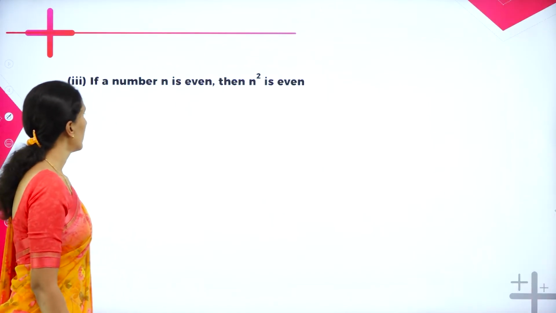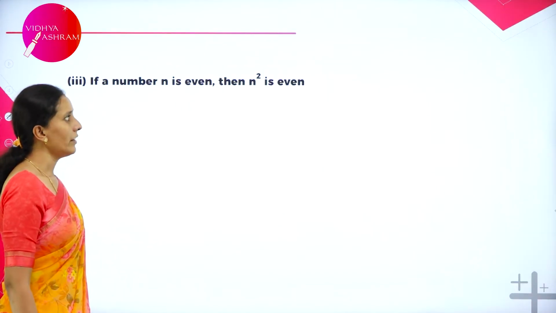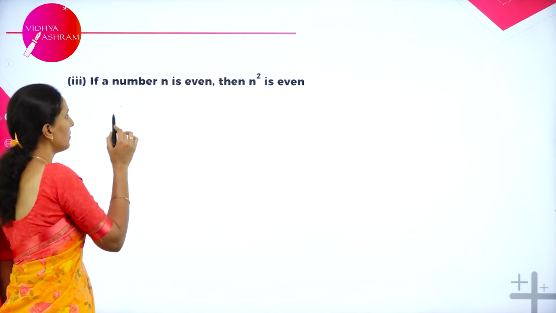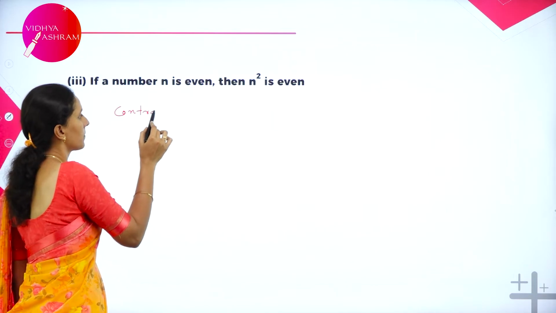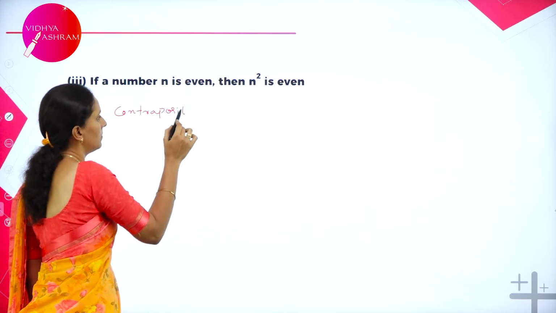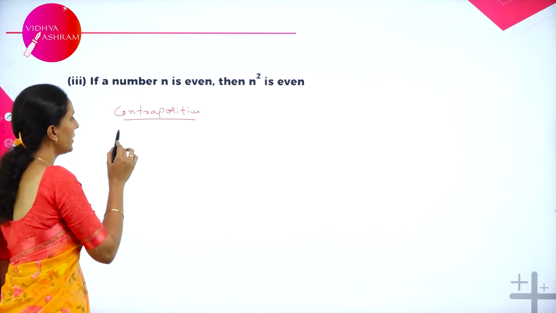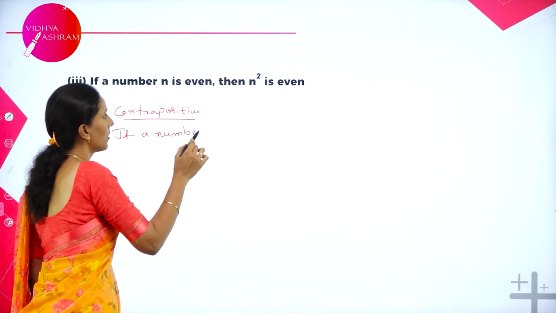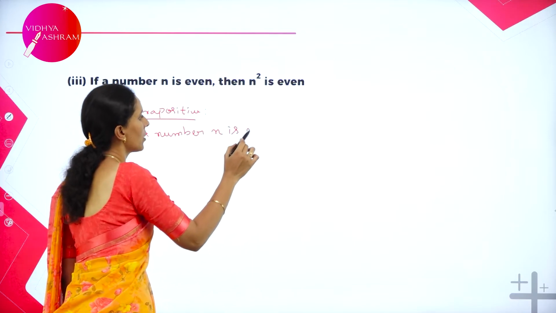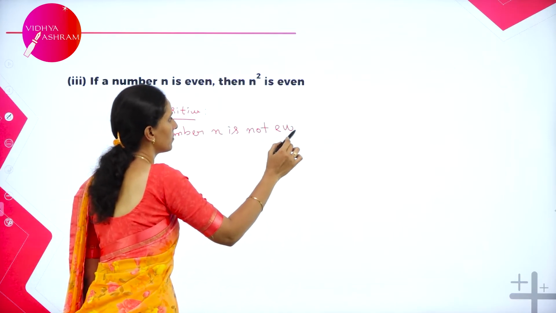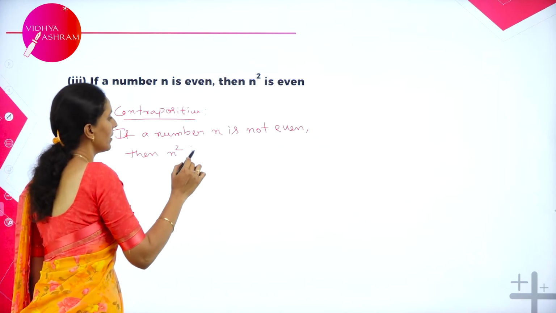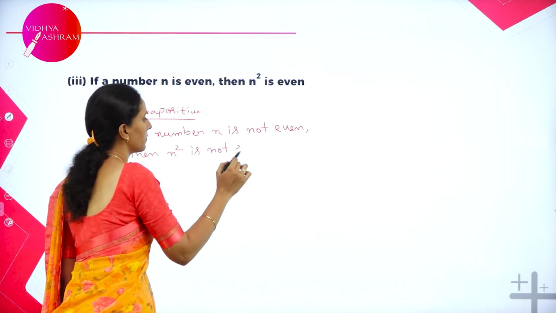Next, if a number n is even, then n square is even. Let's write the contrapositive. If a number n is not even, then n square is not even.